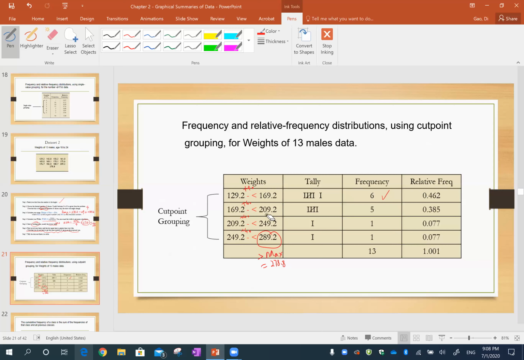If we don't have this notation, we're going to have a problem. That's a violation of mutual exclusivity. You don't know where to put 209.2 in that case. But with this notation, problem solved. This is called 'at least, but smaller than'.